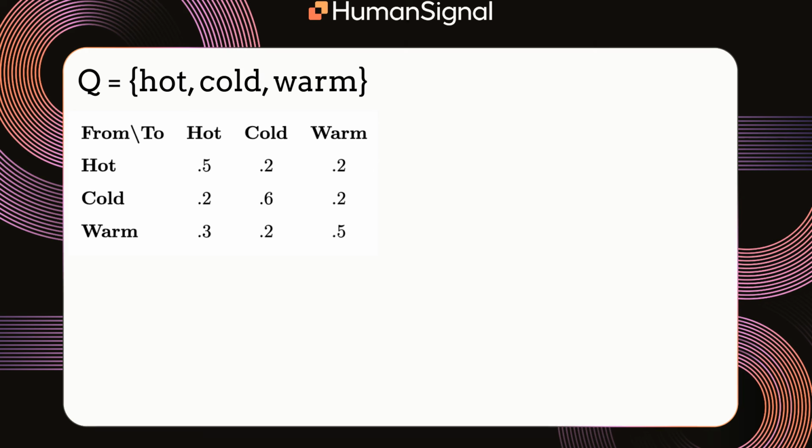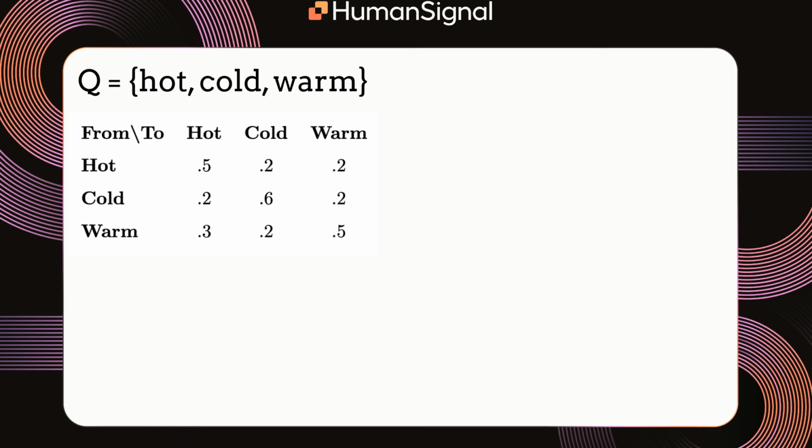This is helpful, but Markov chains are easier to understand with an example. Let's imagine we're looking at the weather. For our big Q set of states, we have 3: hot, cold, and warm. For our transition probability matrix, big A, there are a total of 9 transitions as shown on the screen. These are often identified experimentally or provided in an example. Here, we had ChatGPT generate a random example for us.